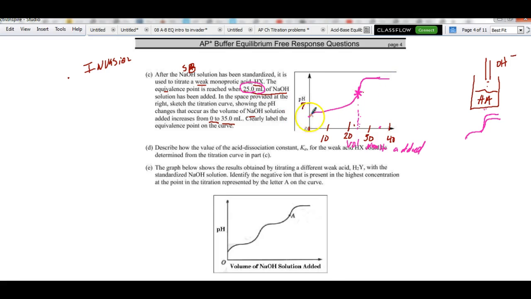Okay. So I've clearly designated that, and I'm going to call this 12, because I don't want him to think it's 14. Or maybe I'll call it 13. And this will be about 4. Now, it says to 35 milliliters. I went past that 35.